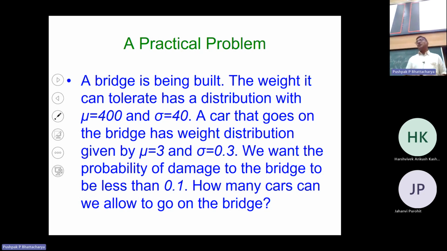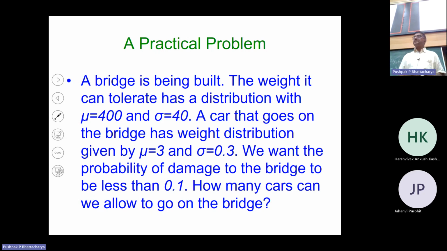Okay. So now it is normally distributed, has a mean of 400, sigma equal to 40, and the car that goes on the bridge also has a weight distribution. Every car has a different weight. And we were saying that this weight distribution also is normal with mean 3 and sigma 0.3.